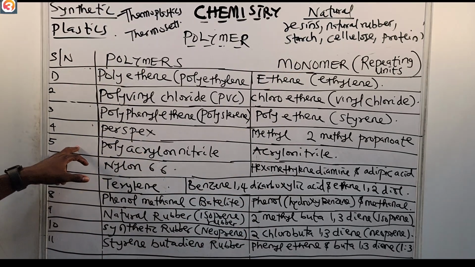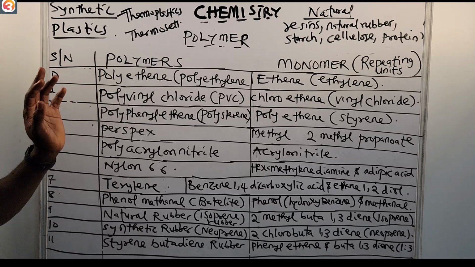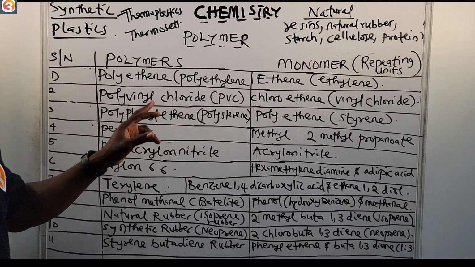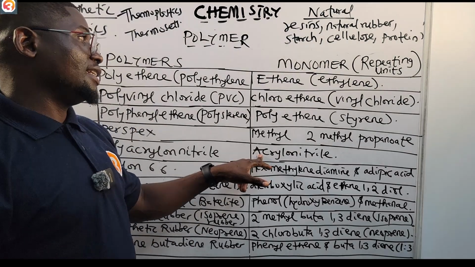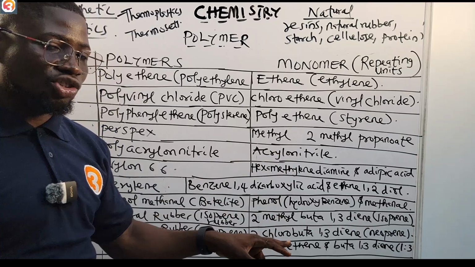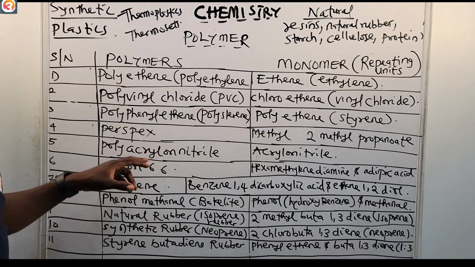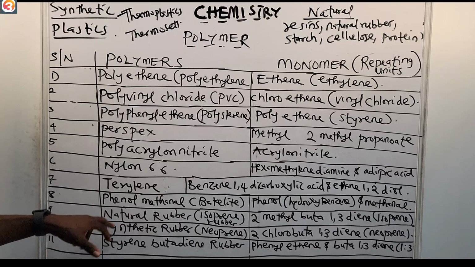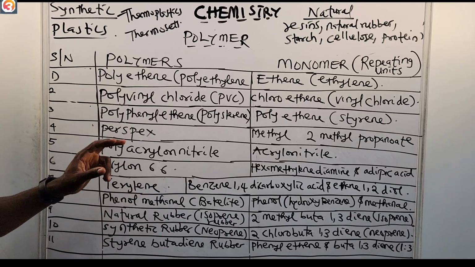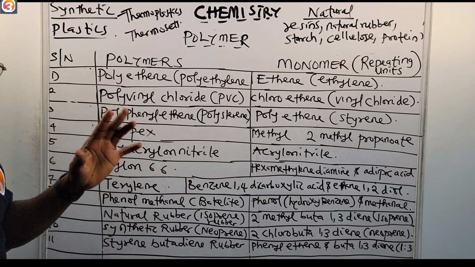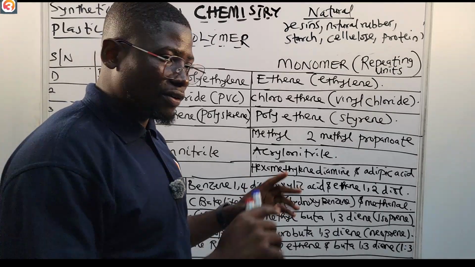All right. Then number five, polyacrylonitrile. The monomer is acrylonitrile. This is the simple unit that makes up this polyacrylonitrile. Now, nylon 6,6. Nylon 6,6 is made from two different monomers.